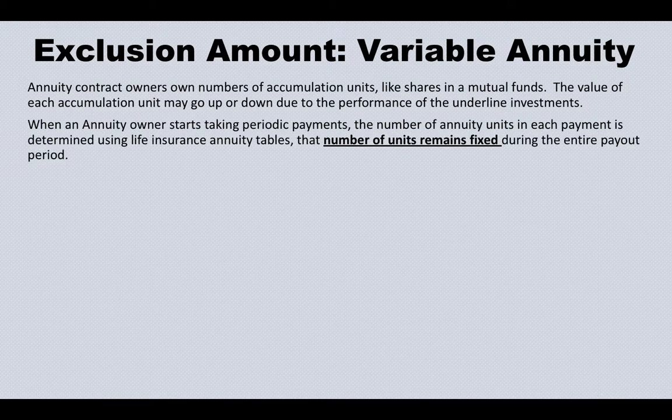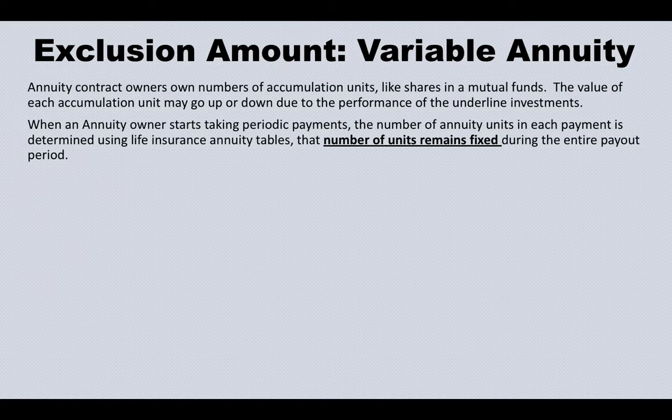So when an annuity owner starts taking periodic payments, the number of annuity units, basically the accumulated units, in each payment is determined using a life insurance annuity table. The number of units remains fixed during the entire payout period. So you see here, say you begin taking monthly payments from the annuity company.